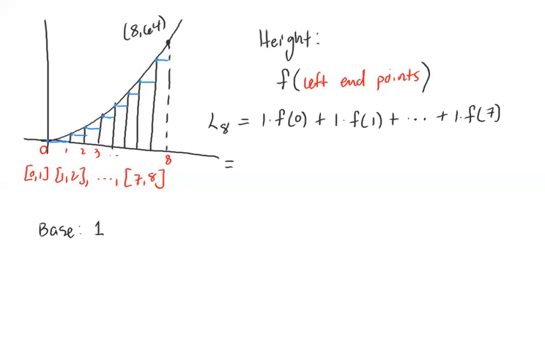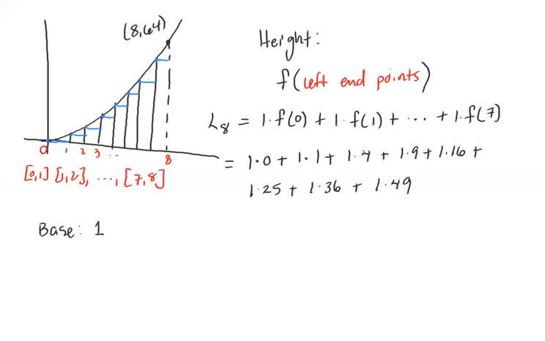are. This is 1 times f of 0 is 0, plus 1 times f of 1 is 1, plus 1 times f of 2 is 4, 2 squared, plus 1 times 9, plus 1 times 16, plus 1 times 25, plus 1 times 36, plus 1 times 49.